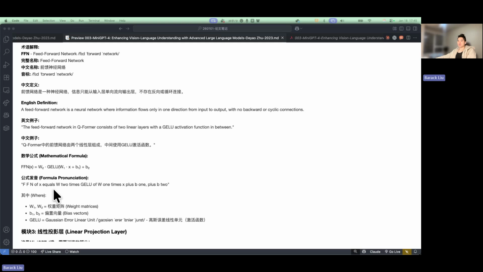FFN of X equals W2 times GELU of W1 times X plus B1, plus B2. So GELU is Gaussian error linear unit.